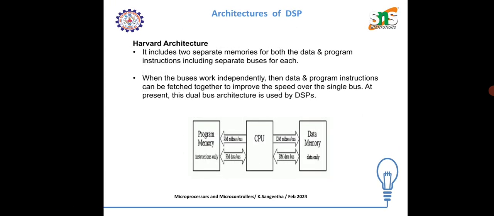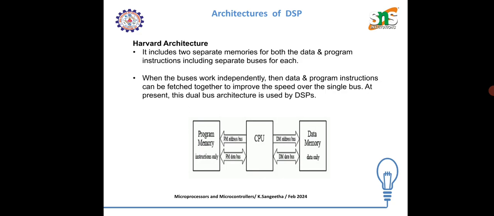Let us move on to Harvard architecture. The block diagram shows the difference between the Harvard architecture and von Neumann. So the CPU has separate memory for program and data. Harvard architecture is a computer architecture design that separates the storage and processing of instruction and data into distinct memory spaces.